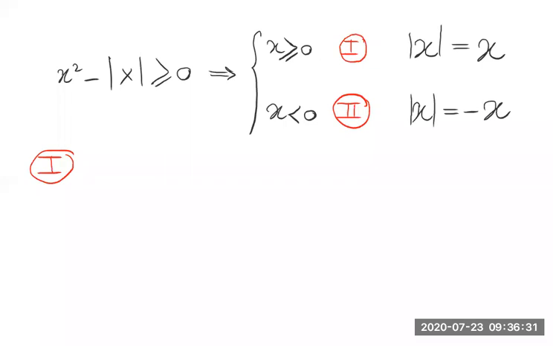Okay, so let's look at the first case. The first case is the one where x is greater or equal than 0. Then x squared minus absolute value of x is x squared minus x. We want this thing to be non-negative, positive or 0. That's the word I use.